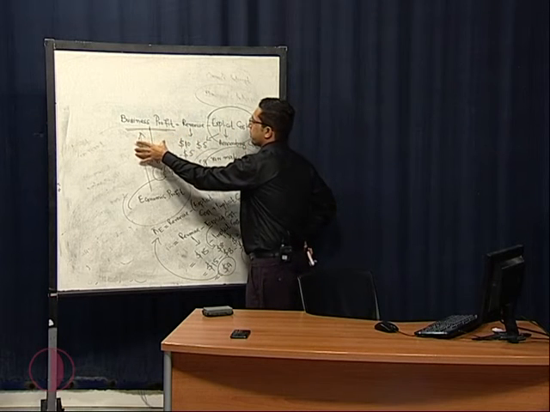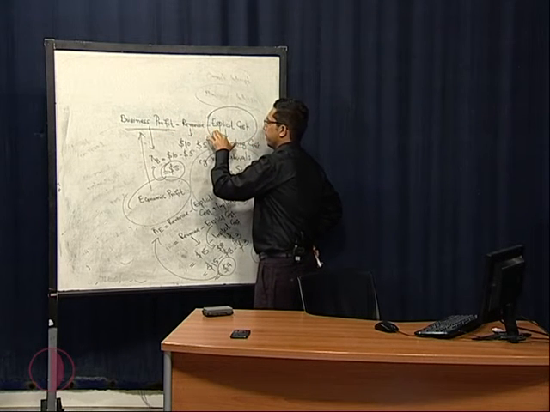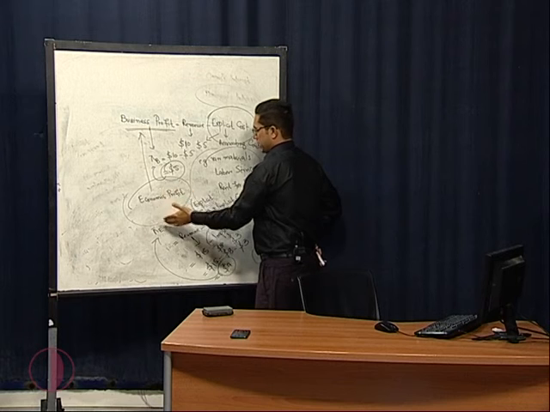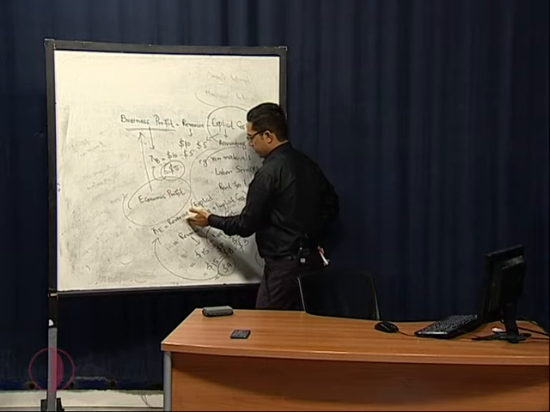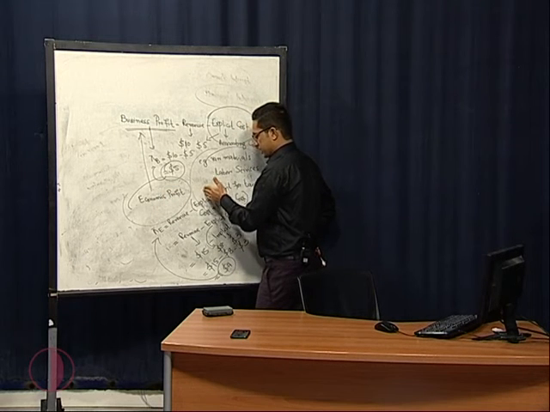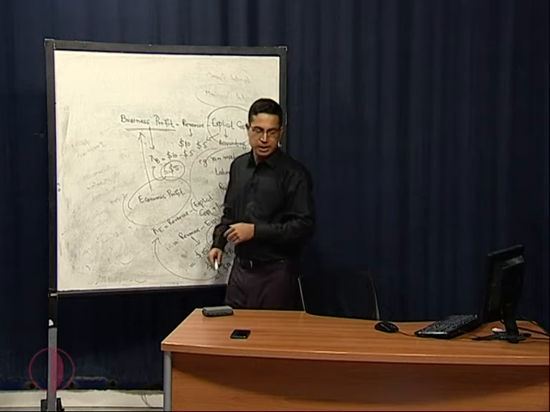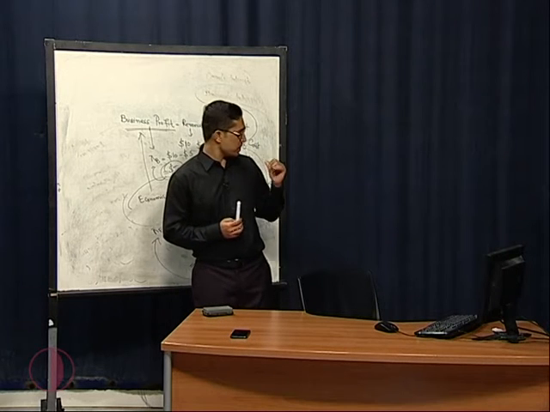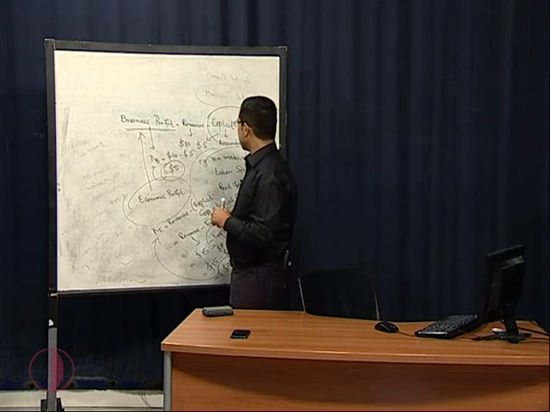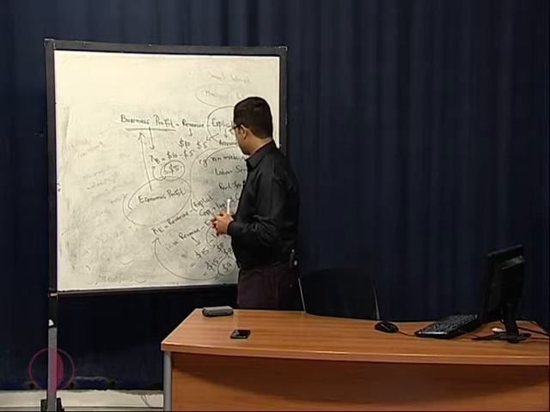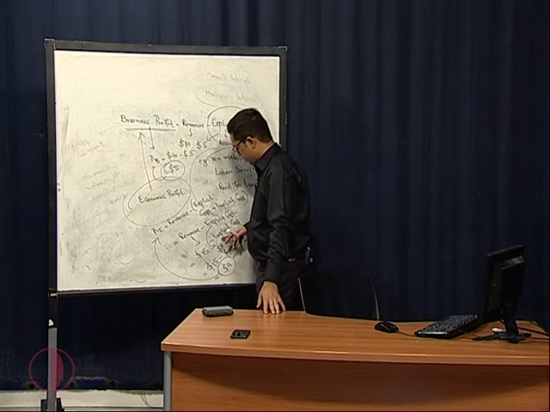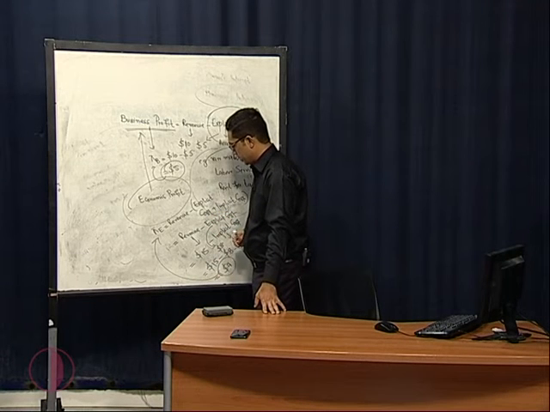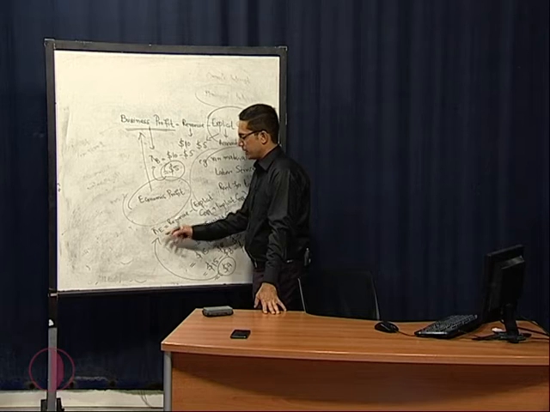So business profit means revenue minus explicit cost, but economic profit means revenue minus explicit cost minus implicit cost. The question is, what do we mean by implicit cost? Why do economists always subtract this amount in order to get economic profit?